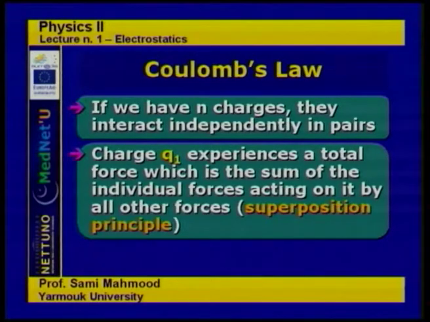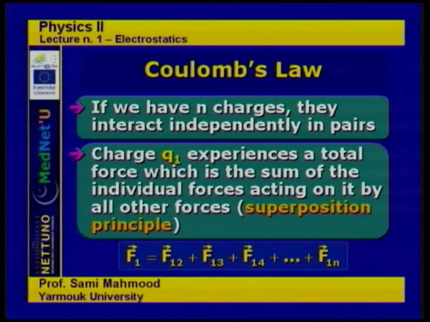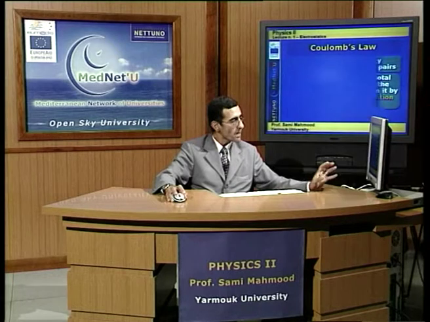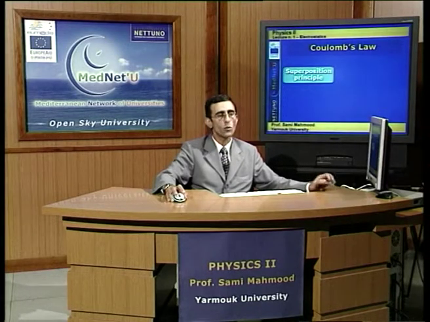The sum of all of these forces gives the total force exerted on charge 1, that is F1 equals F12, which means the force acting on charge 1 due to charge 2, plus F13 due to charge 3, plus F14 due to charge 4, until we reach the force exerted on charge 1 by the nth charge. So this summation is a consequence of the superposition principle.